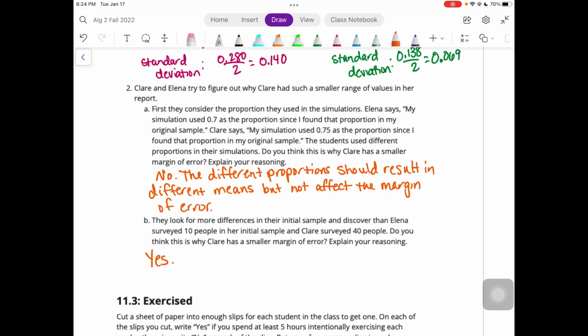So with a larger sample, Claire captured more population variability.